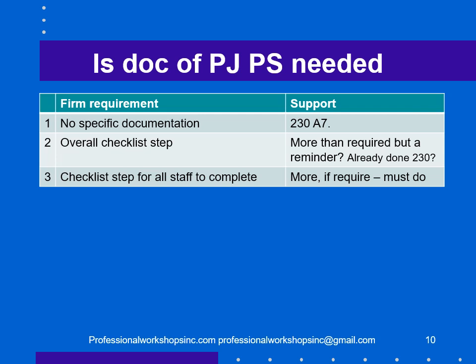So either you're going to have a failure, or you're going to have to spend a bunch of time going through work in process to make sure that everyone who charged even a fraction of an hour to the job has signed the form. So a very complex process to select. And I don't know that it particularly is any better than just an overall checklist step. Or, argue, well, it's documented in the file, otherwise documented that we were skeptical.